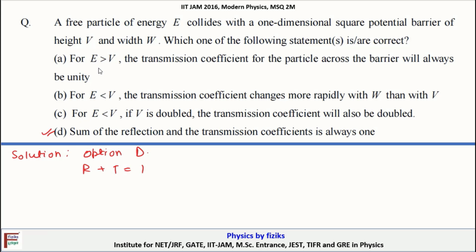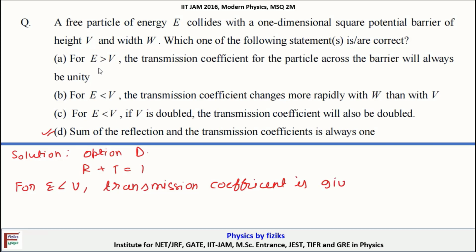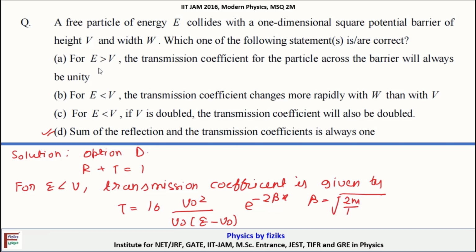Further, for E less than V, transmission coefficient is given by T is equal to 16 E (V0 minus E) over V0 squared, times e to the power minus 2 beta w, where beta is equal to root over 2m by h cross squared times (V0 minus E).